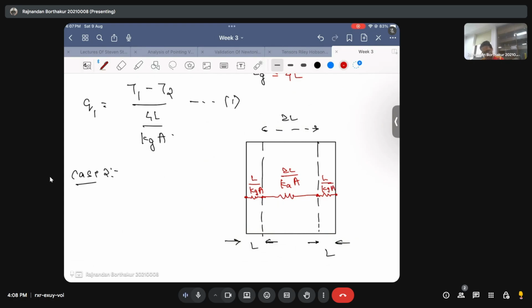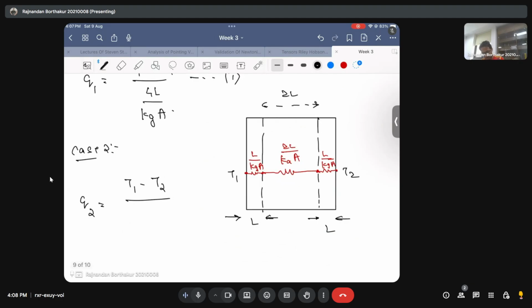Which means the rate of heat transfer for the second scenario is going to be delta T, which is T1 minus T2, divided by the first resistance, L by Kg times A, offered by the glass pane.